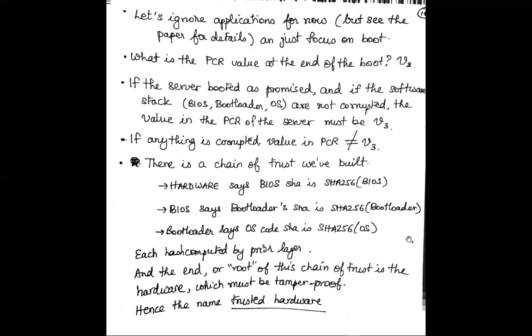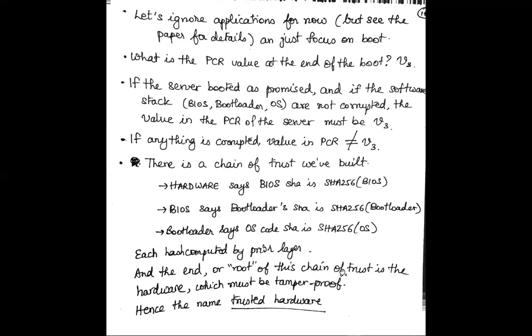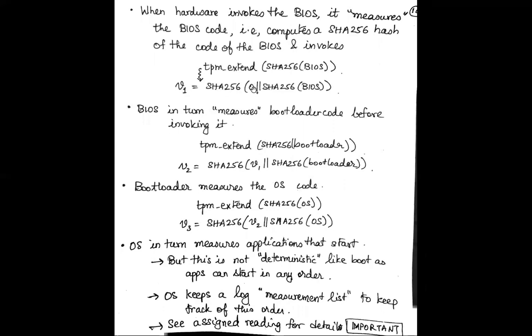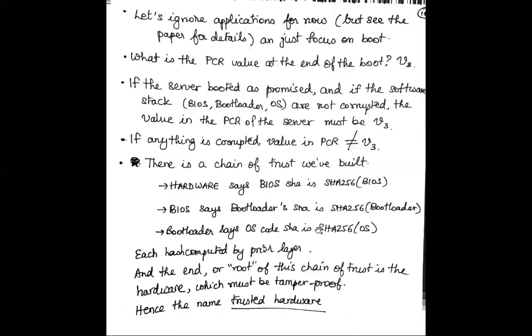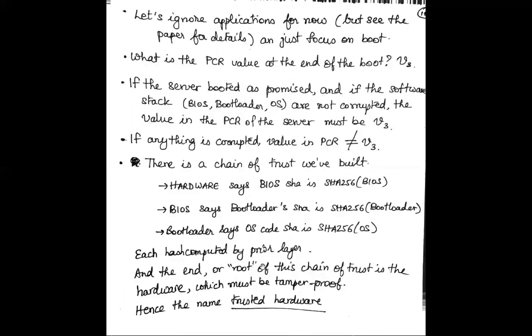And you see the final value over here, v3, which is some chain of these hashes computed as shown in the slide. So you're given the final value. You know the original value to start with, which is 0, and you know the values of each one of the steps, and you can therefore recompute the final value yourself by just doing these operations.